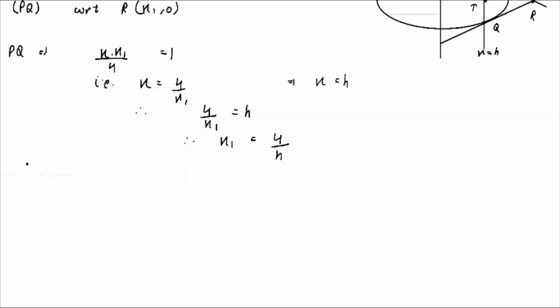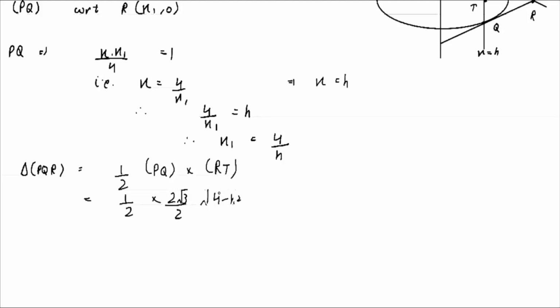Now, the area of the triangle PQR will be equal to half into PQ into RT. So this is equal to half of twice root 3 upon 2 into under root of 4 minus h square into x1 minus h.